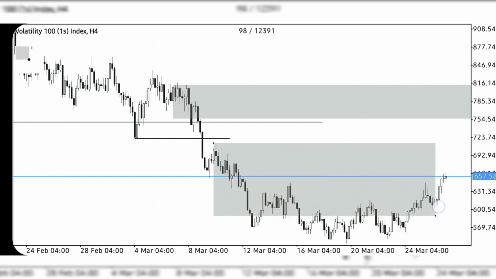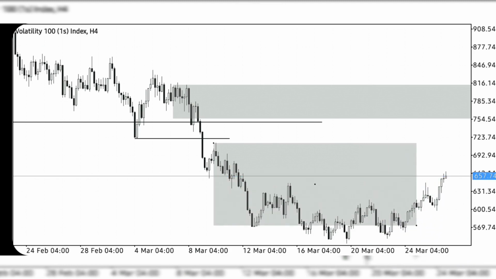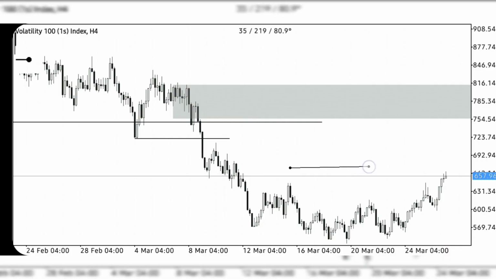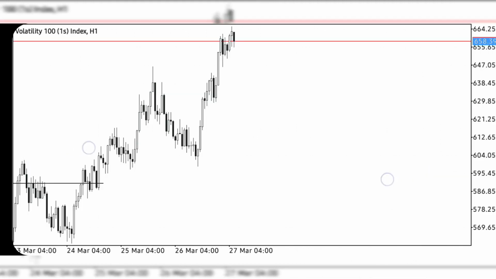If I'm going to be having any break of structure here, it's going to be a break of structure for a range structure. And I had a break of structure here. The break of structure occurred here. Let's check the lower time frame, and I'm going to show you why the break of structure occurred at that point.